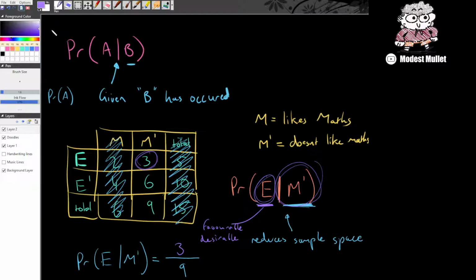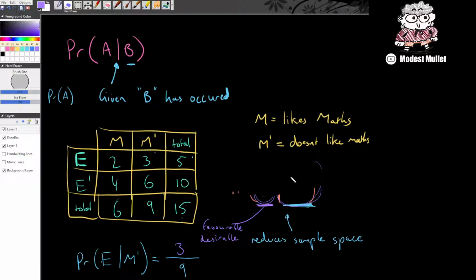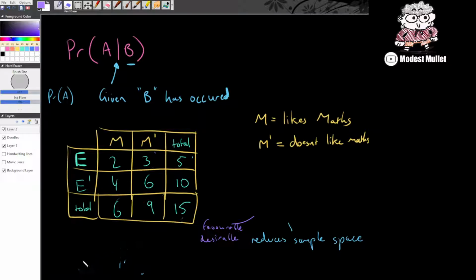So let me do another one showing visually what's occurring. Okay, let me increase my eraser size, make this a bit quicker. Here we go. So lay it out the same way.